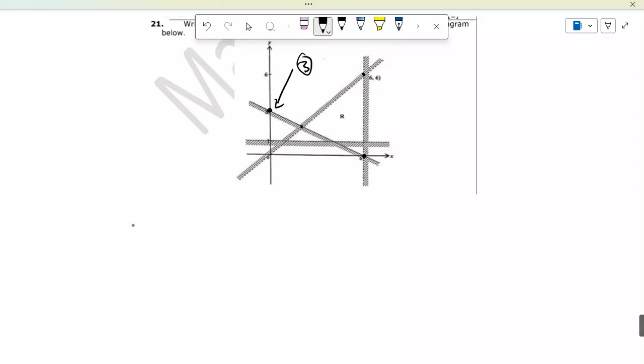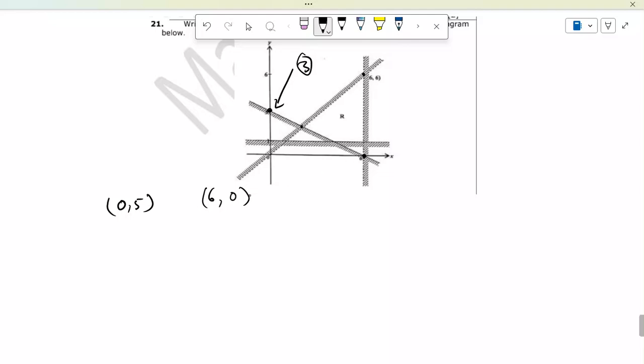Because we know this point is 5, so we'll say that is 0, 5. And this one is 6, 0. If you see, this is the y-axis, so x is 0 along the y-axis. So it's 0, 5. And then along the x-axis, y is 0.